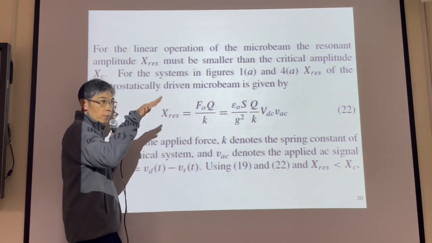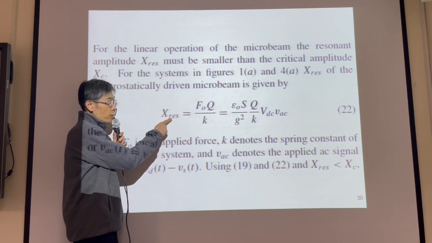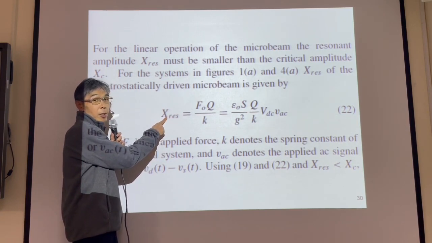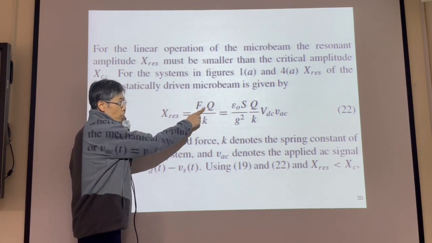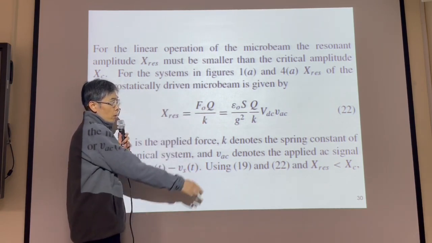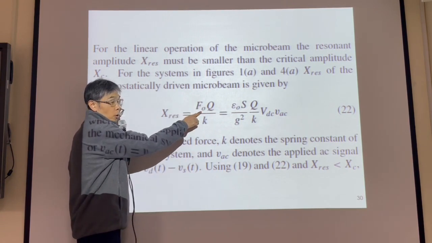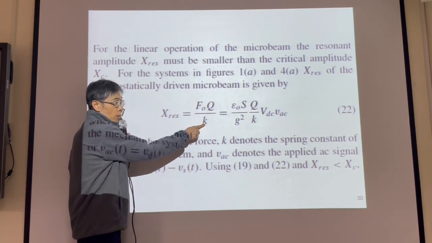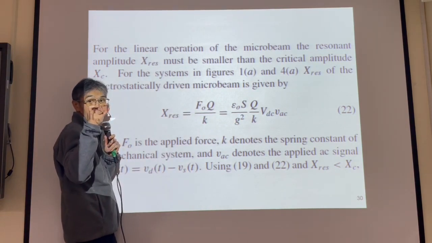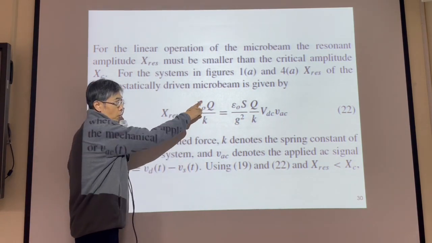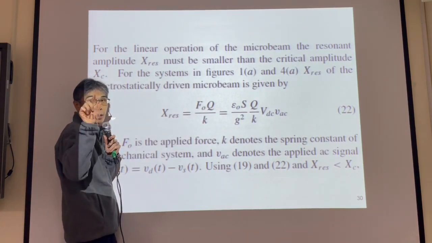Another relation: if the beam vibrates and we apply the vibration at the resonance frequency, the vibration amplitude equals F0 Q divided by K. Q is the quality factor, and F0 is the force we applied. Force divided by spring constant is the static displacement.